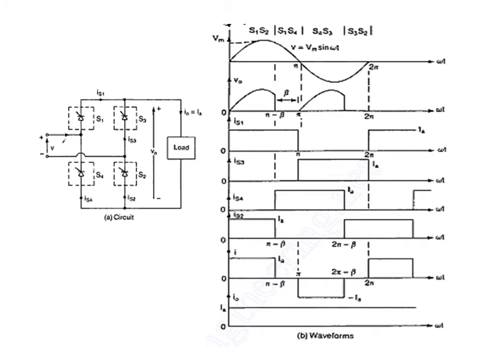The switches S1 and S2 are turned on at omega t equal to 0 and turned off at omega t equal to pi minus beta, as shown in figure B. The switches S3 and S4 are turned on at omega t equal to pi and turned off at omega t equal to 2 pi minus beta.